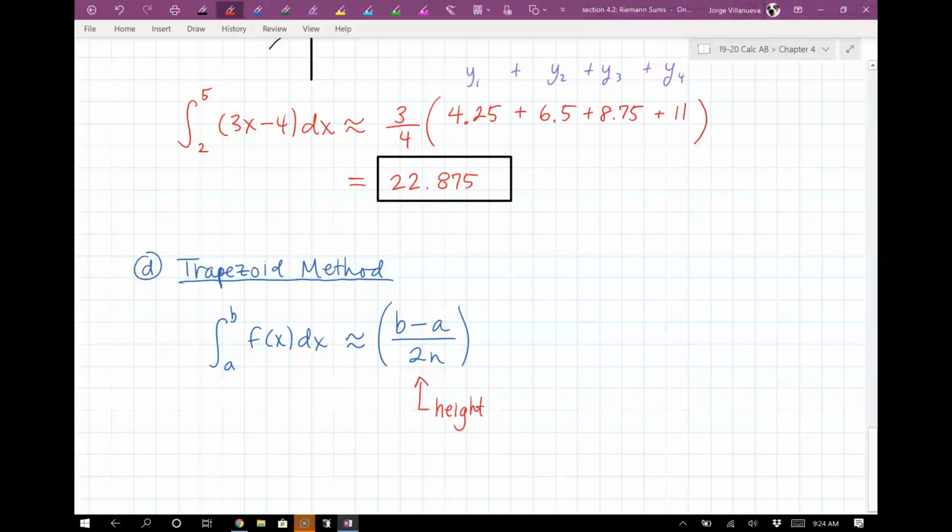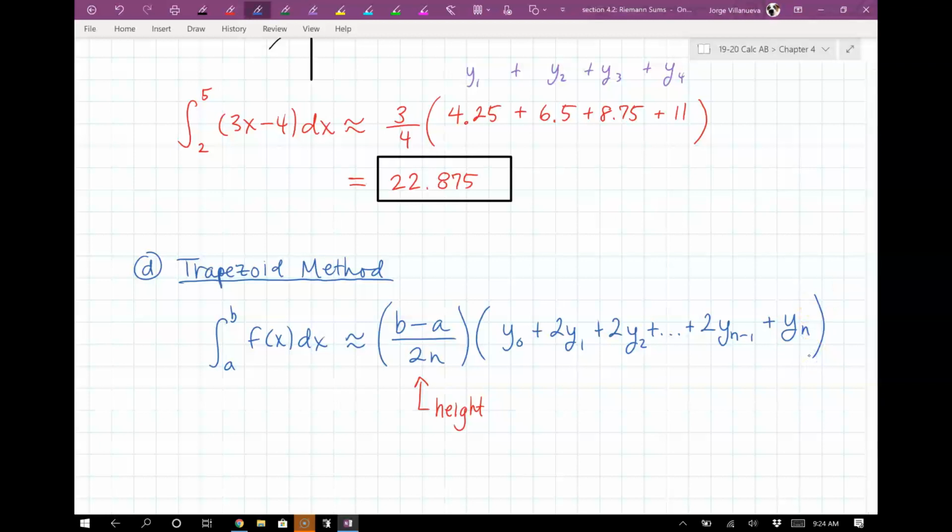Okay, and I'll show you a picture why we call it the height. Then you're going to multiply by y sub 0 plus twice y sub 1 plus twice y sub 2 plus etc. plus twice y sub n minus 1 plus y sub n. Notice the trapezoid uses everything, but it doubles up in the middle.